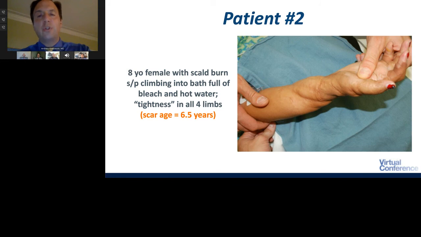Her wrists and ankles took the brunt of the damage, and these deep thermal injuries left basically cords of rope running through her dermis and beyond, actually. And that's not me twisting her hand. That is literally what her hand looked like. So also note that her scar was 6.5 years old.